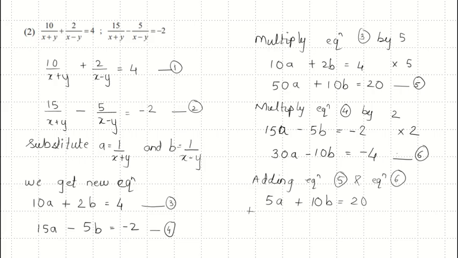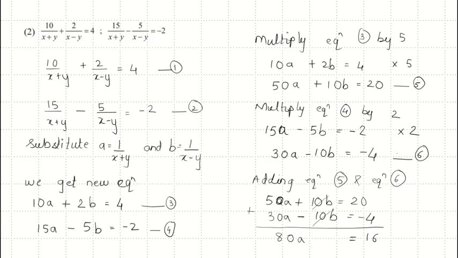Add equation number 6, 30a minus 10b is equal to minus 4. What will this give us? 50a plus 30a, we are adding it, 80a. Plus 10b and minus 10b will get cancelled, this is 0, and here we will get 20 minus 4 will give us 16.